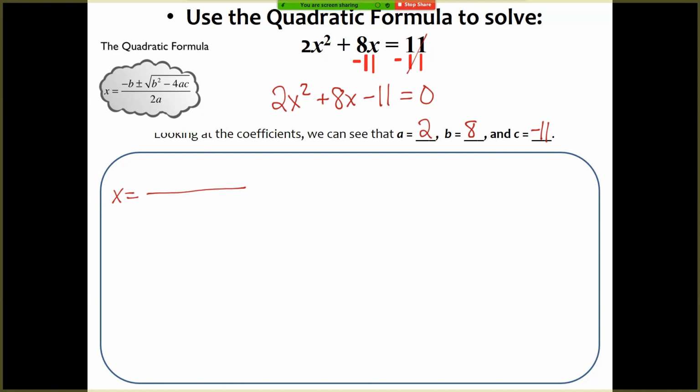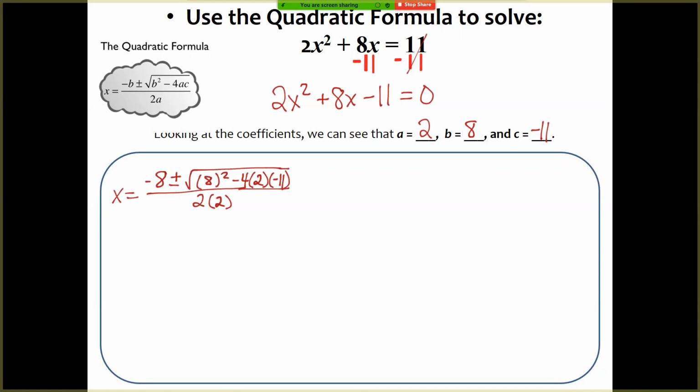Jumping to the quadratic formula, x equals -b, so I want the opposite of 8, which is -8, plus or minus, then my square root. Underneath my square root, I want b squared, which is 8 squared, minus 4 times a, which is 2, times c, which is -11, all divided by 2 times a, which is 2.